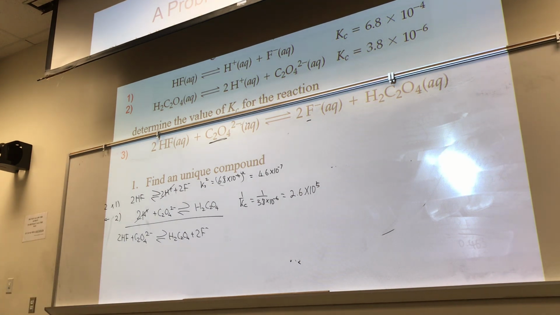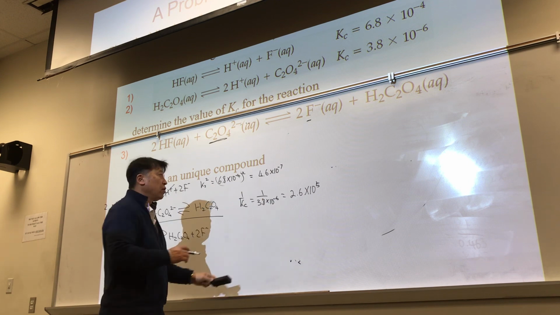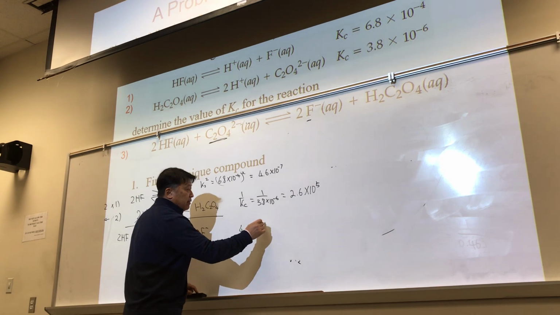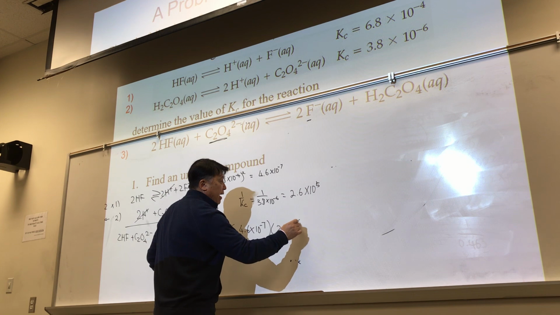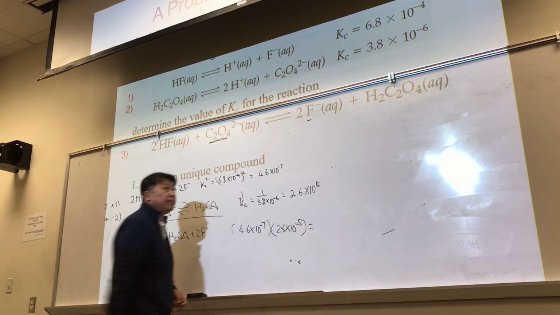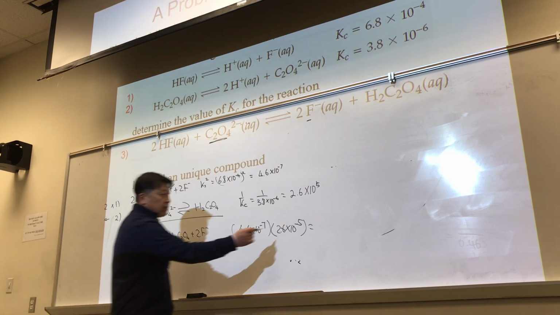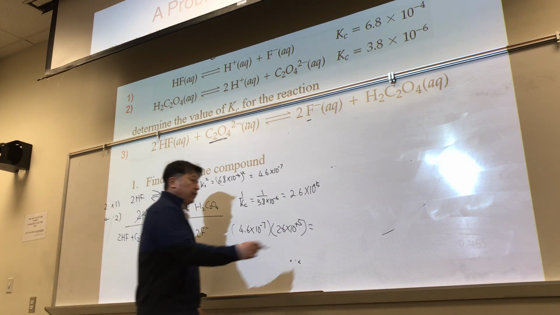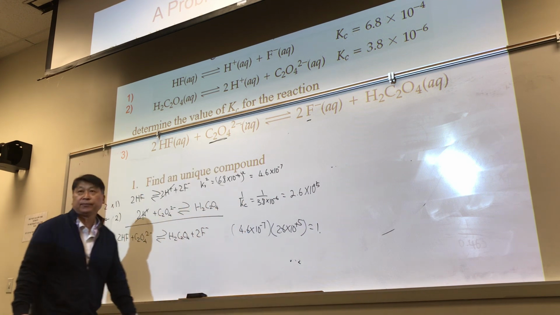Yes. All right. Then all you have to do is multiply these 2. So in this case, 4.6 times 10 to the negative 7 times 2.6 times 10 to the negative 5. What do you have when you multiply those 2? Oh, this is plus. 1.196 times 10 to the negative 11. No, that's not right.